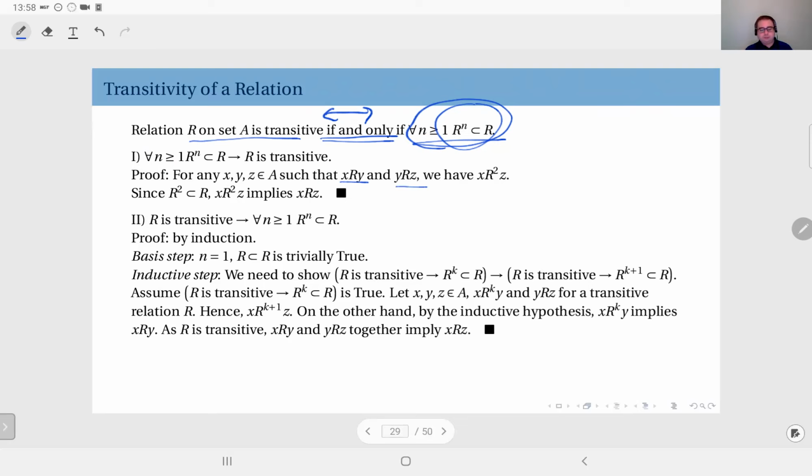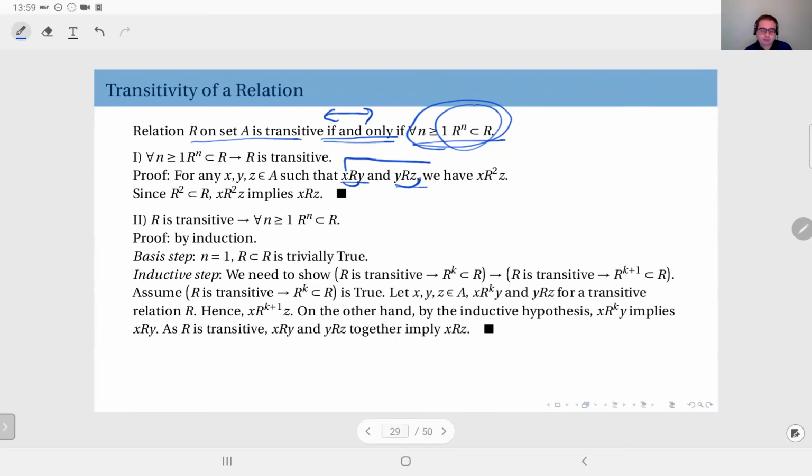Okay, now, based on the definition of the composite relation, x is related to y and y is related to z, then when I compose R with itself, the pair x to z should be in the composite relation.